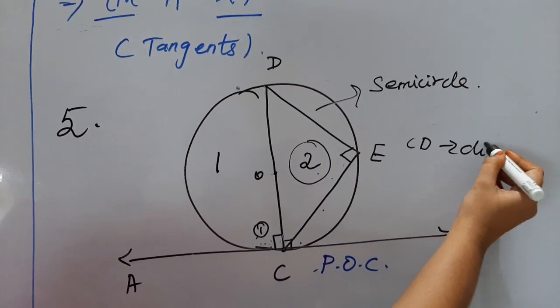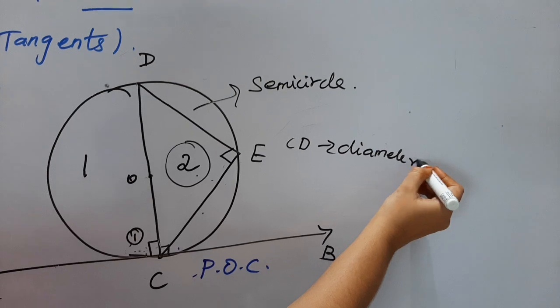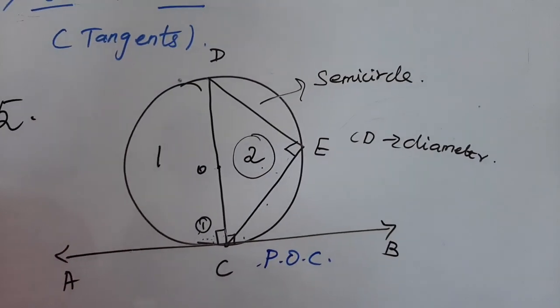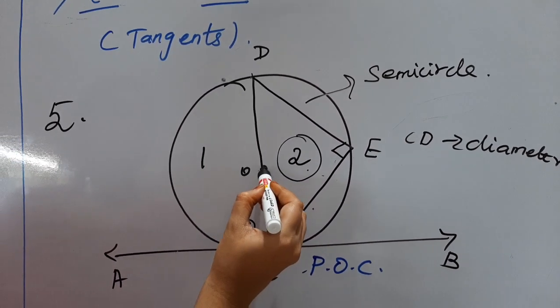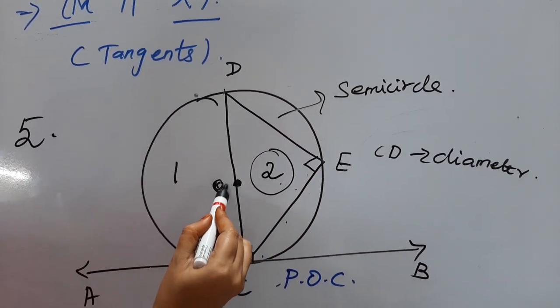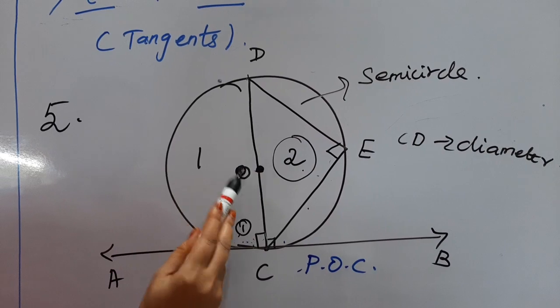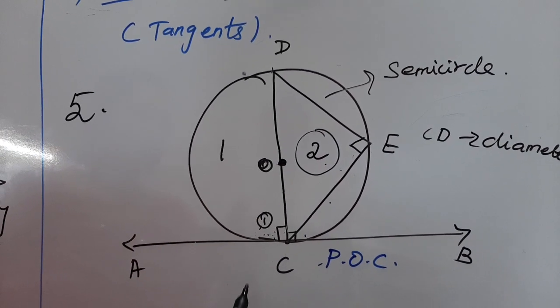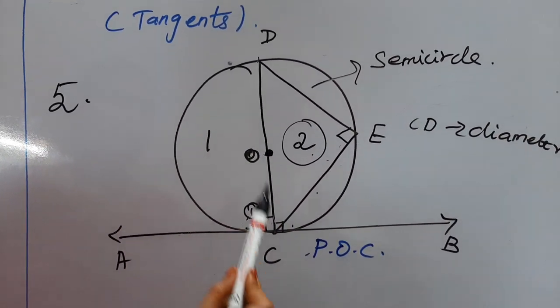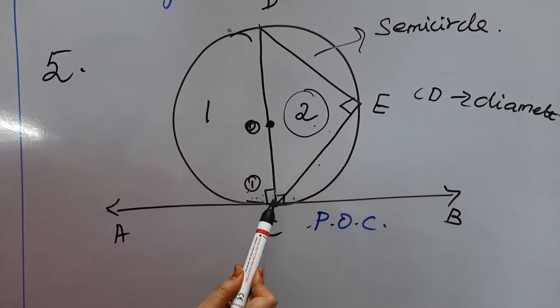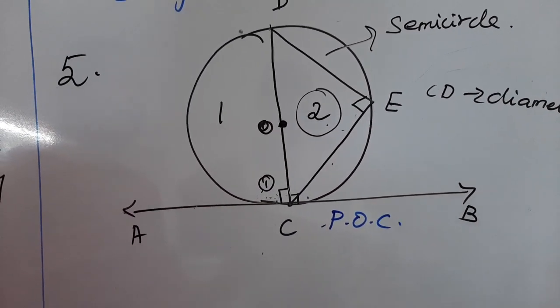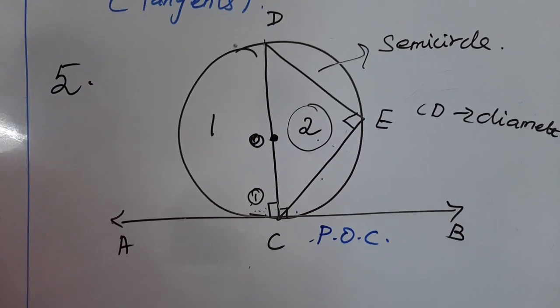CD becomes your diameter. CD will be your diameter. If CD is the diameter, CD must pass through the center O. So we can prove that the perpendicular which makes 90 degrees with the tangent at the point of contact always must pass through the center of the circle.